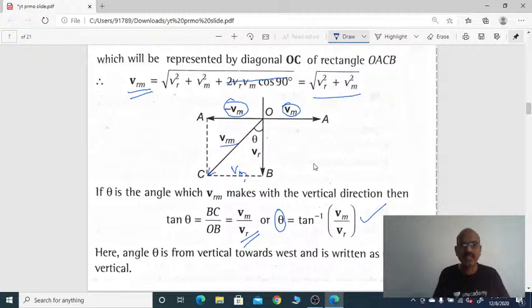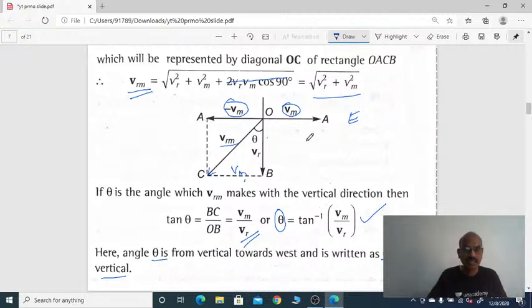Here the angle theta is formed towards the west of vertical, written as theta west of vertical, because the man is walking towards east. That is the angle at which you have to hold the umbrella.